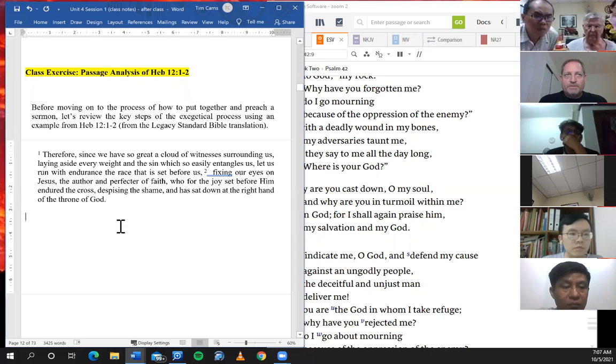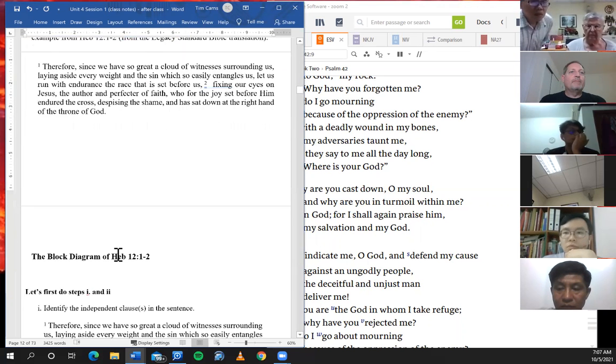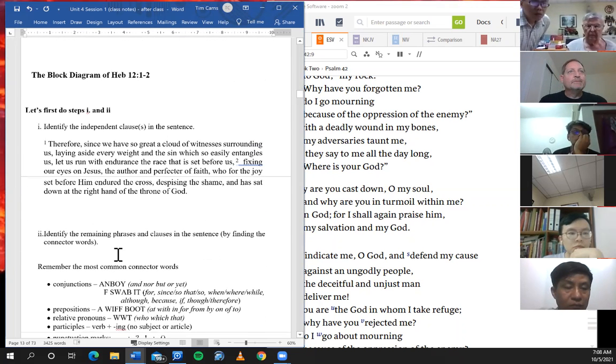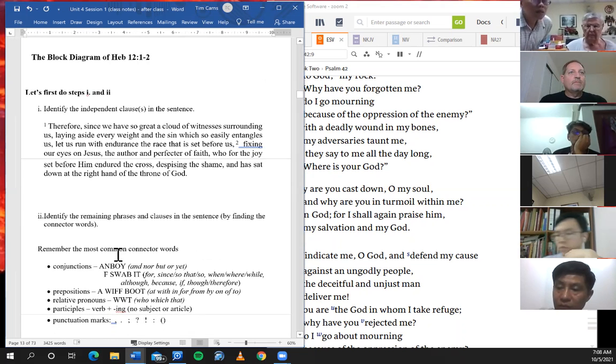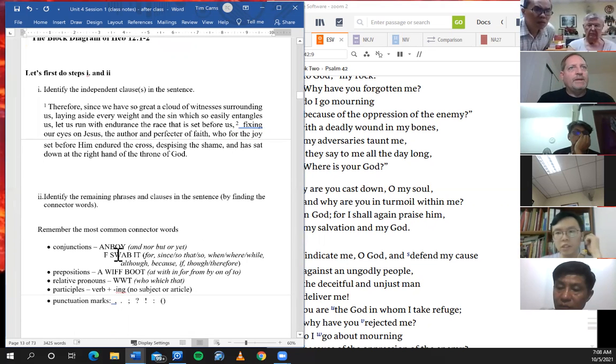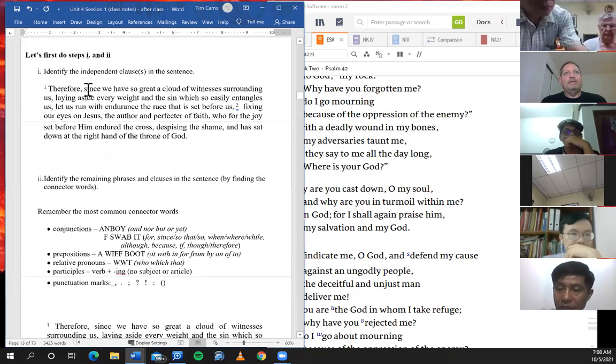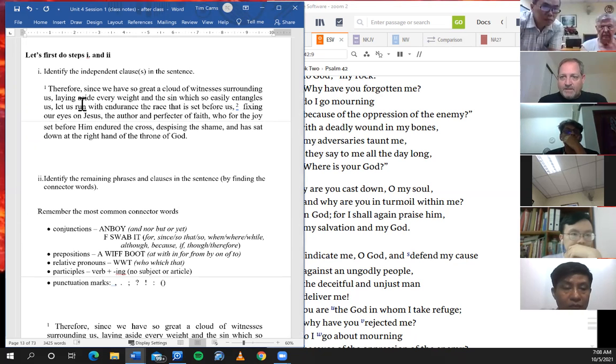And then once he reads from that, I'm going to have you guys do the first 2 steps of the diagram, which I'll explain in a minute. Well, actually, let me do that now, and then we'll start. So again, remember, in identifying the diagram, we want to first identify the main sentence, the independent clause in the passage. All right, that'll be the key thought.